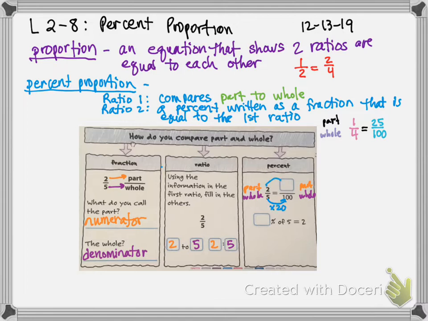So if I do the same thing in the numerator, 20 times 2 is going to give me 40. So what I can conclude is that 40 is a percent number because it's over 100. So 40% of 5, remember that's the whole number, is 2, and that's your part number.